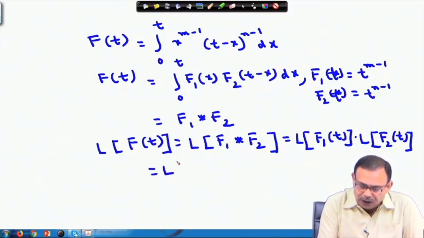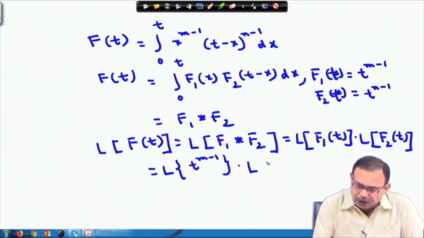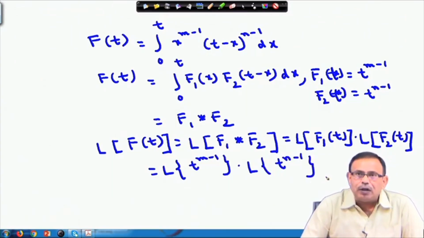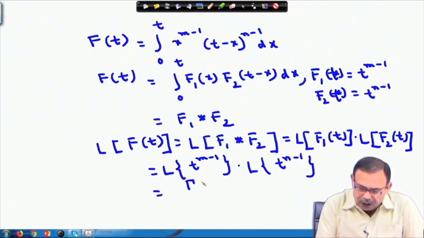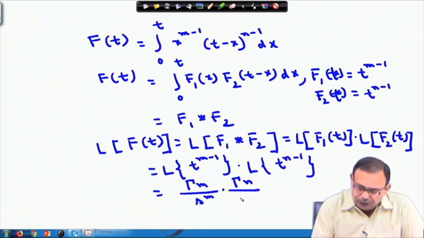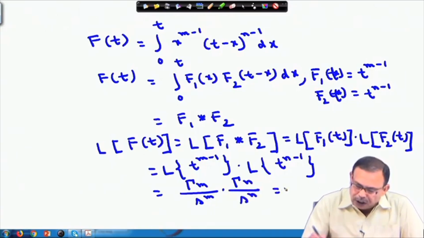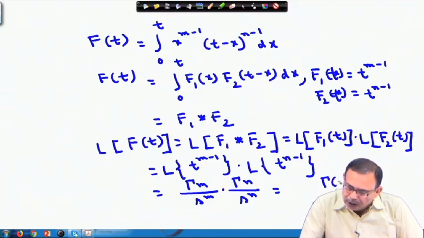So this equals the Laplace transform of t to the power m minus 1 into the Laplace transform of t to the power n minus 1, which are f 1 t and f 2 t respectively. Now, we know the Laplace transform of both functions, and this equals gamma m by s to the power m into gamma n by s to the power n. So I can write it jointly as gamma m gamma n by s to the power m plus n.